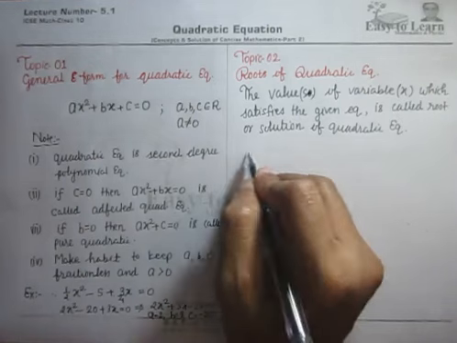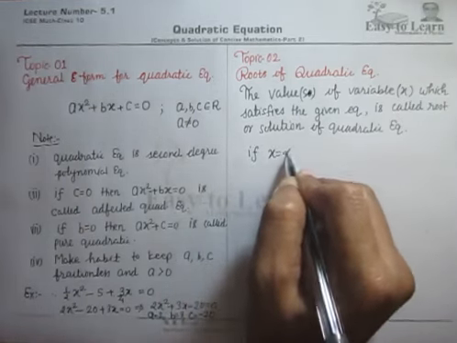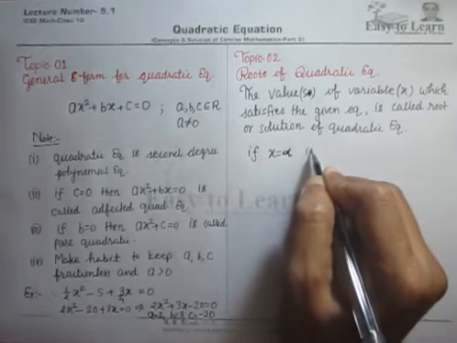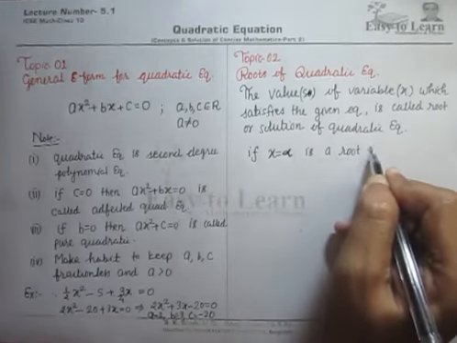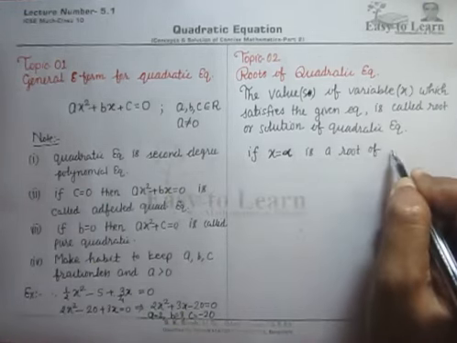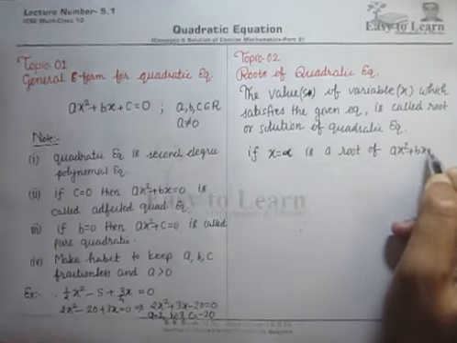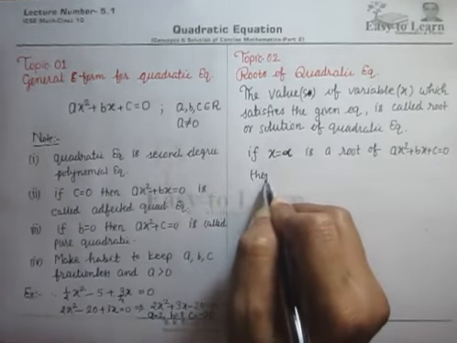So suppose x is equal to alpha is a root of the quadratic equation ax square plus bx plus c equal to 0, then what does it mean?